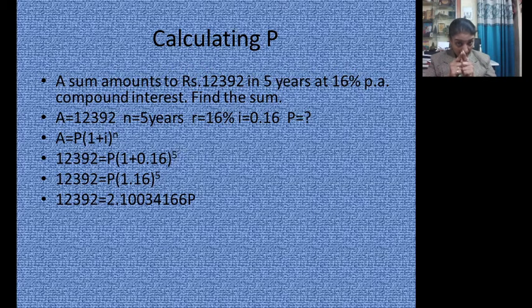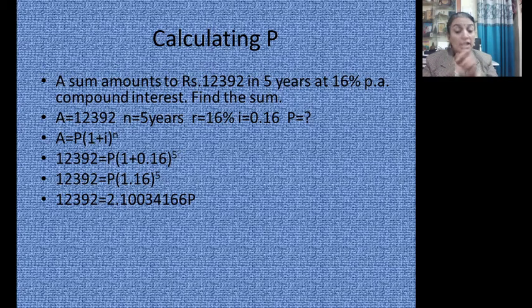Here we are calculating 1.16 into 1.16 into 1.16. Like this we have to do it 5 times. Otherwise we can do it in another way also. How? Type 1.16, then press the multiplication sign on your calculator.